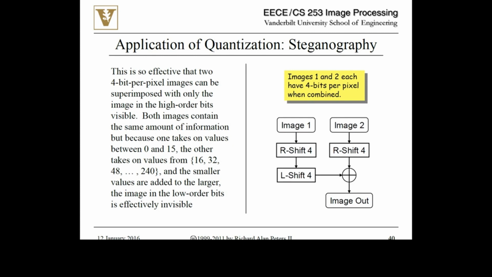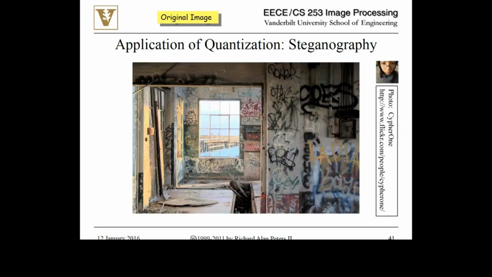So now the delta is 16. And this is the same scheme, now with 4 bits. And here you have the original image, and this is the one with only 4 bits. So this is the original. This is the one with only the highest 4 bits.